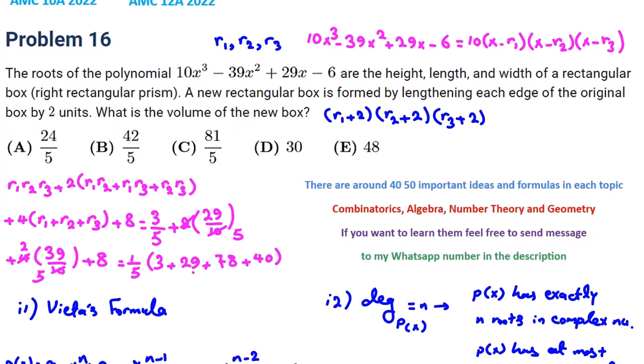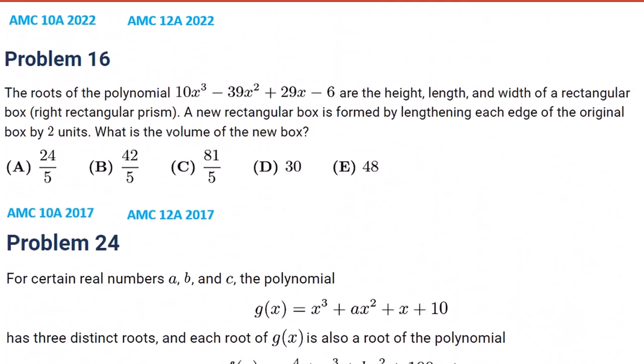Okay, so now if we add these numbers, 3 plus 29 is 32, 32 plus 78 is 110, plus 40 is 150, and it will be 150 over 5, which is 30. Okay, so the answer is choice D. So we solved this problem completely. You can do this one as homework number 1.